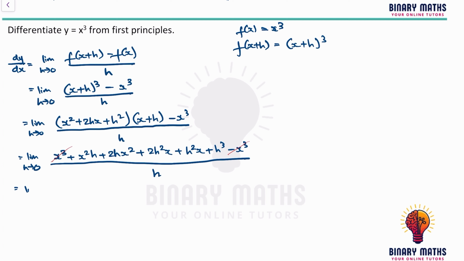And if I collect the like terms, I end up getting 3x squared h plus 3h squared x plus h cubed over h. And if I cancel down a factor of h, I end up getting 3x squared plus 3hx plus h squared.